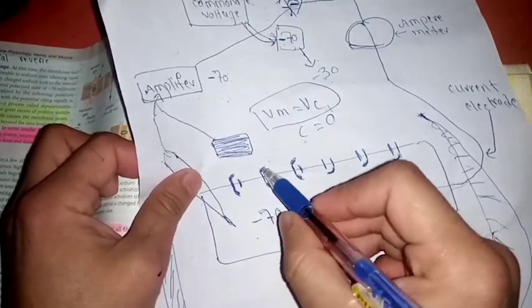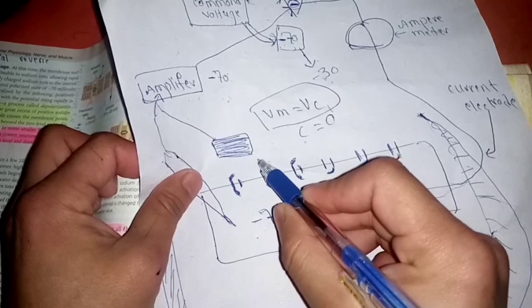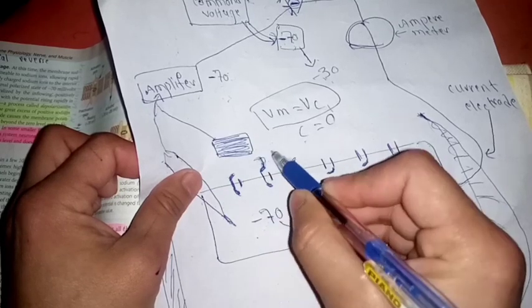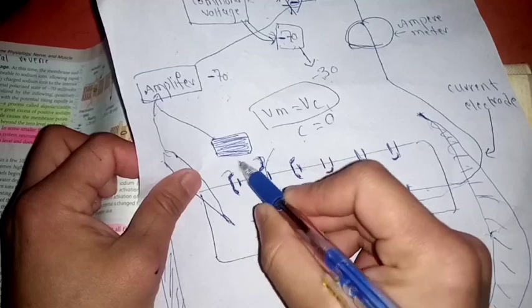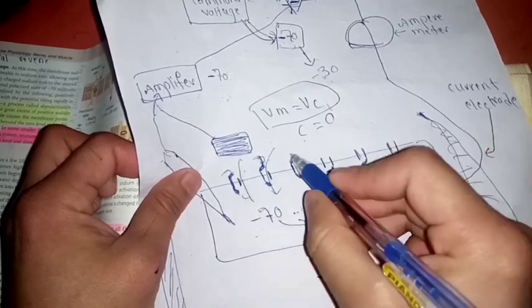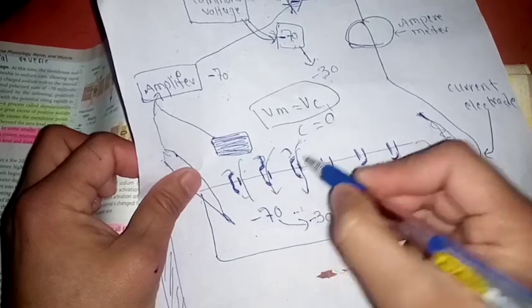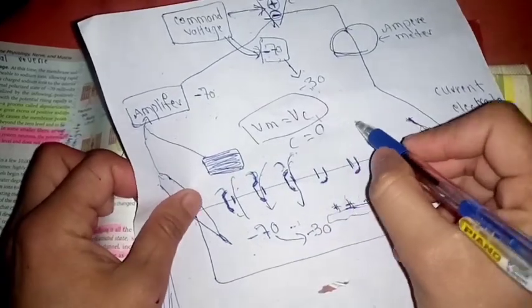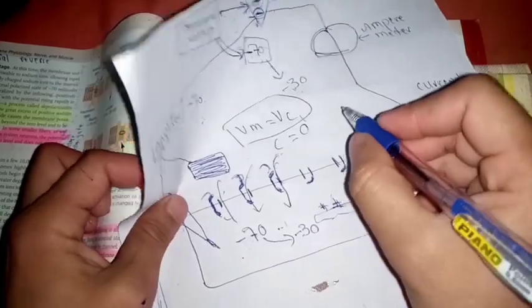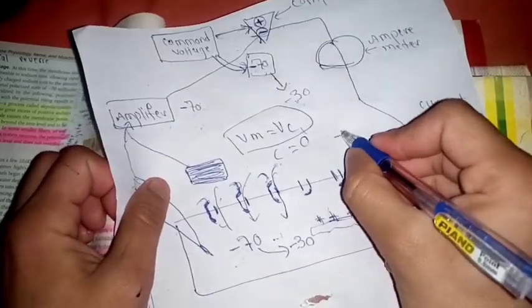the sodium channel, the activation gate, this is the sodium channel. So the activation gate of the sodium channel will open and it will permit the sodium ions to flow. So the sodium channel will permit the sodium ions to flow to the inside of the axon and to decrease the outside positivity to minus 30.